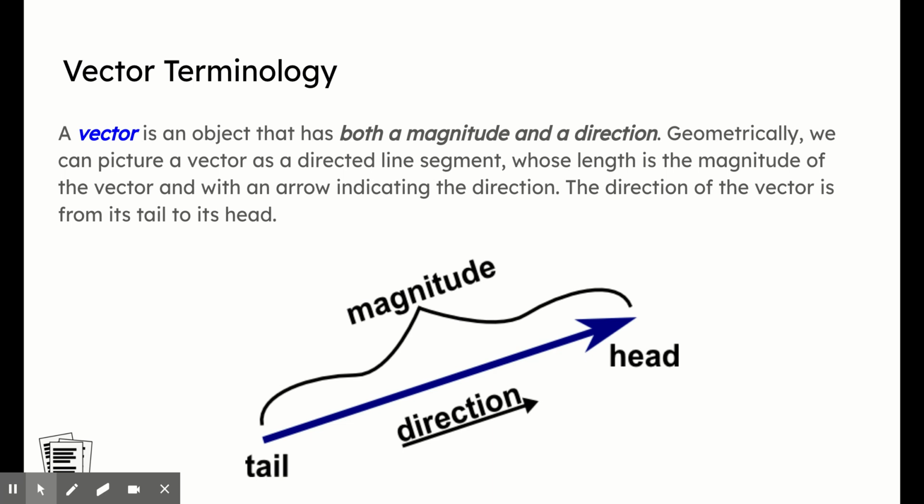All of a sudden, we could have an object that was traveling with a positive slope. You could have an object that's traveling with a negative slope. And so we really need this tool to incorporate direction so that we can better describe our object's motion.